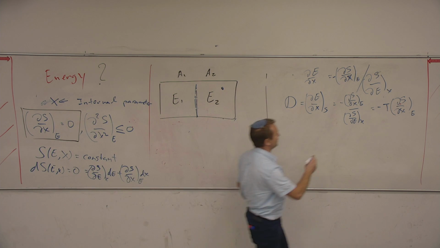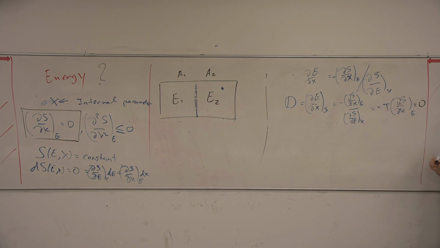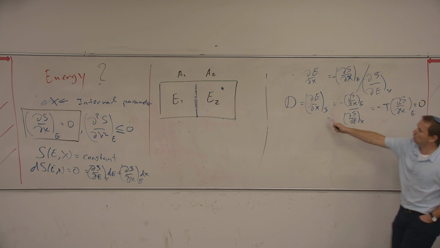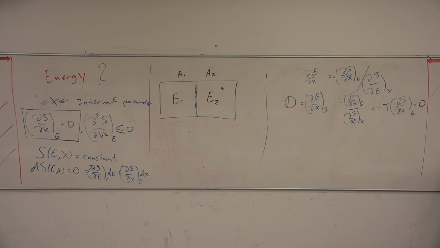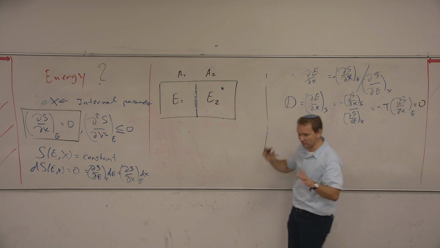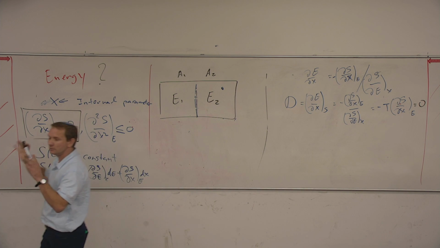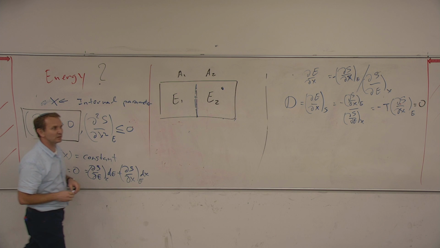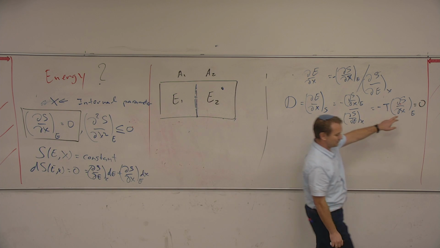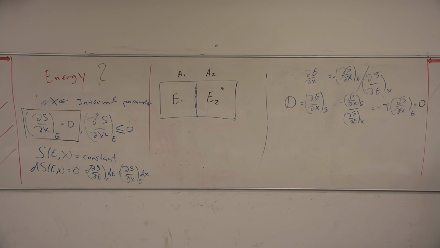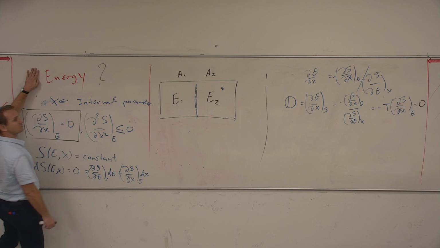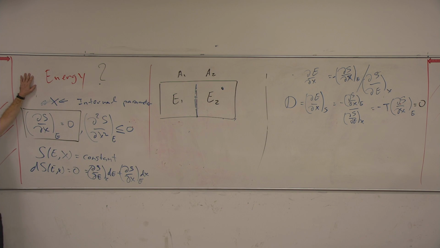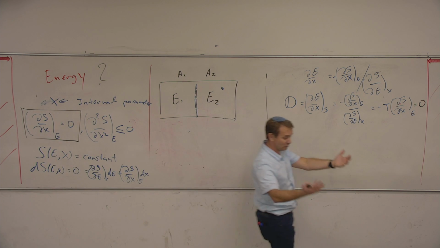We obtain that ∂E/∂x, when S is constant, equals 0. So we know it's some sort of a critical point, right? Maybe maximal, maybe minimal, I don't really know, but at least it equals 0. Okay? Now we want to say something more important, not just that it's a point, maybe maximum, maybe minimum. We want to say something more constructive, like in the case of entropy.